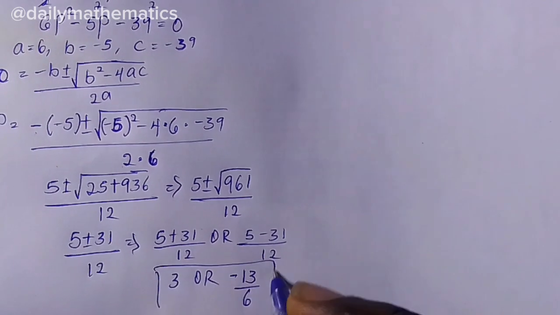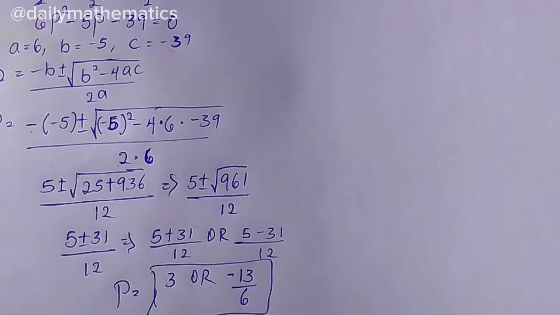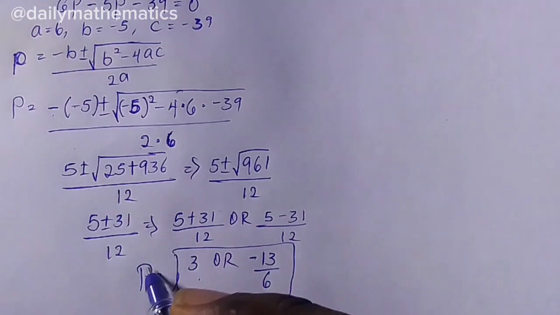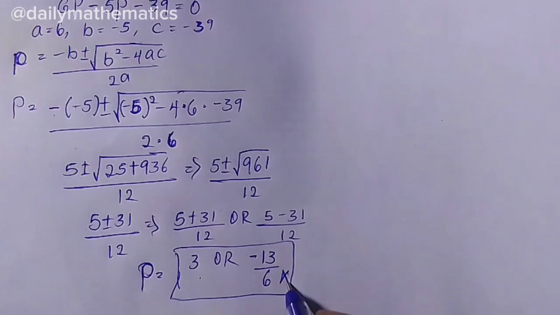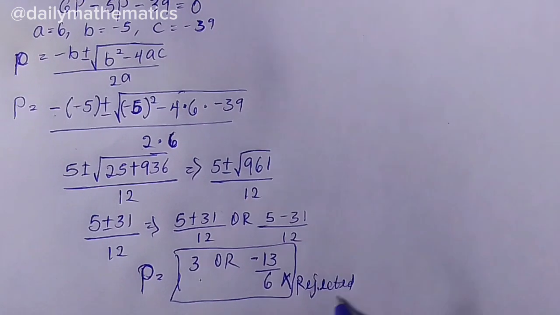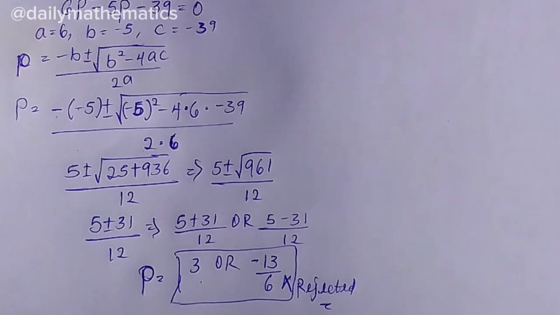So we have our values of P. P equals 3 or minus 13 over 6. And we have P equals 3 because negative is rejected. So we have P equals 3.